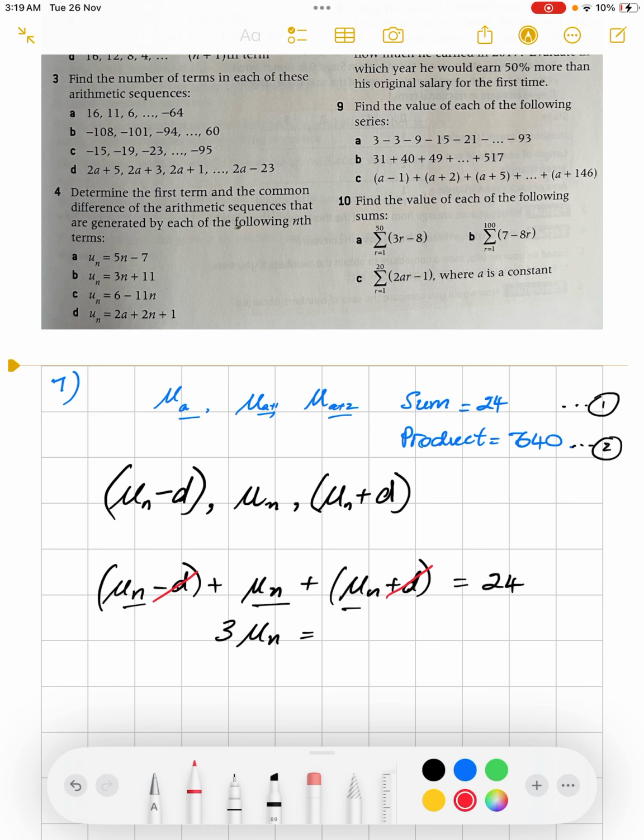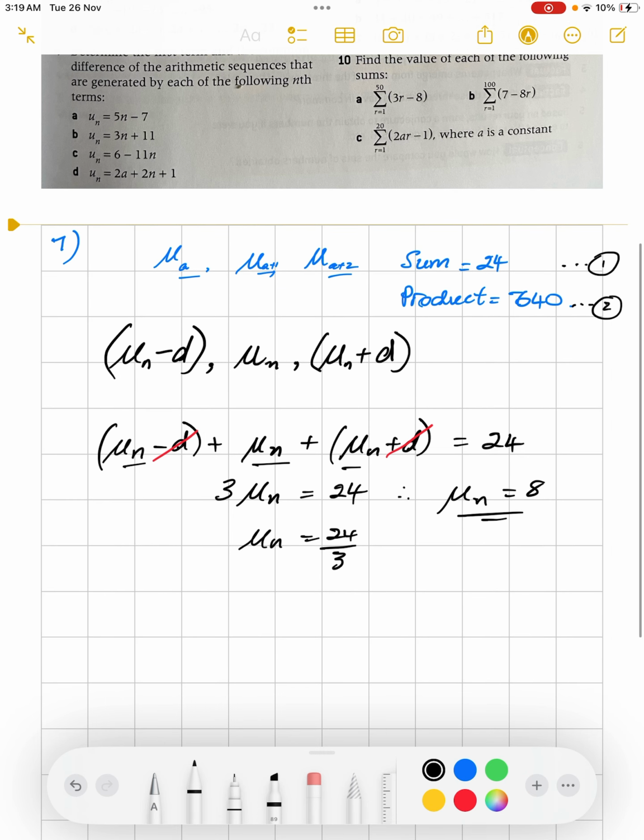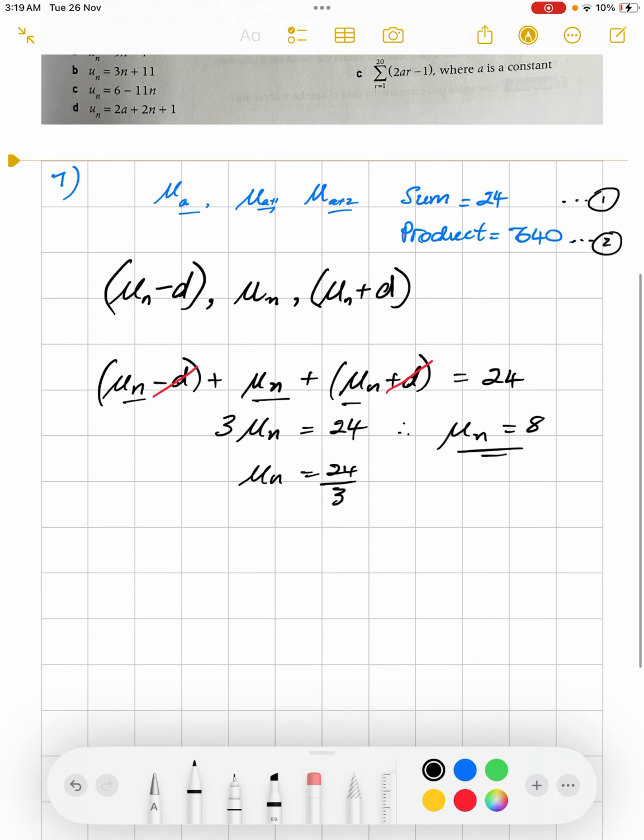Those d's will cancel and we're left with 24. Straight up, we already know therefore u n is 24 over 3, therefore u n is equal to 8. Wow, so we already know that middle term is 8. So let's substitute and then get the product.